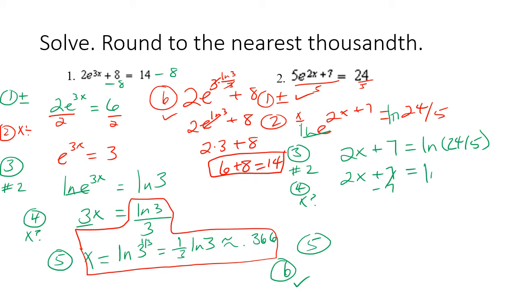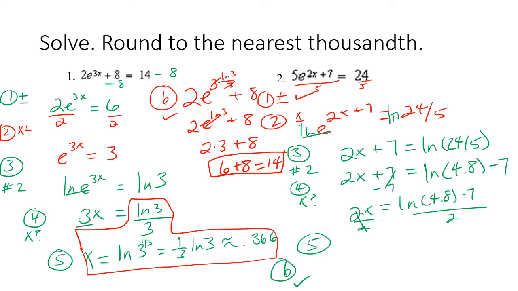Natural log, I was like, that did not go right, of 4 and 8/10. There we go. And then we subtract 7 from that. So we're left with 2x equals natural log of 4 and 8/10 minus 7. Then we're going to divide by 2.